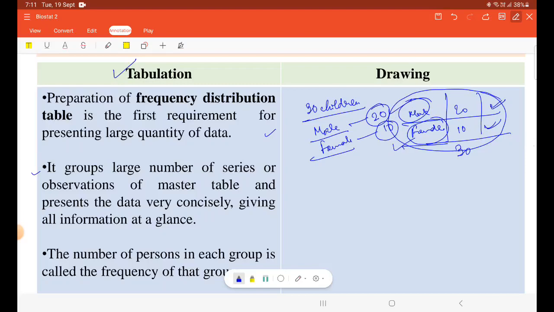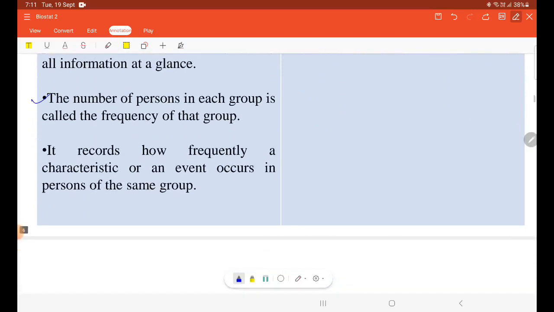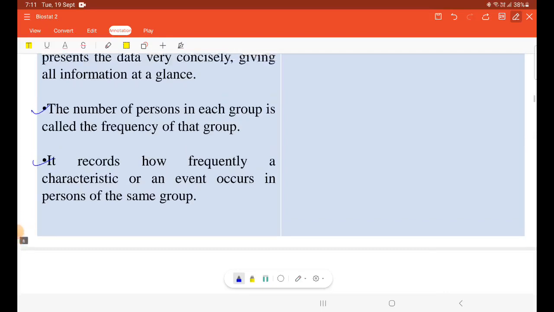How many male, how many female, total how many, we can find out at a glance from this frequency distribution table. So this is tabulation of data. The number of persons in each group is called the frequency of that group. So we have mentioned that it records how frequently a characteristic of an event occurs in persons of the same group. Very much understandable.